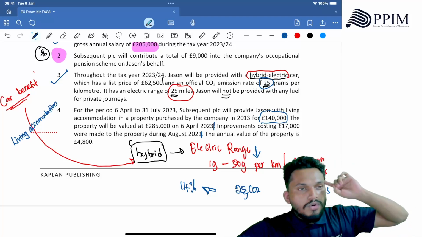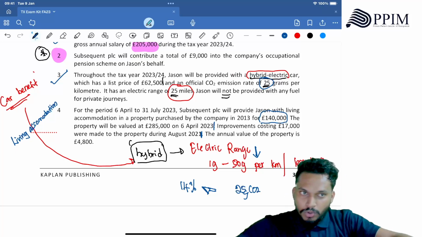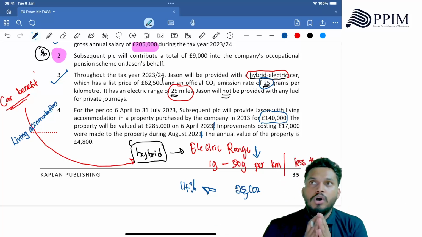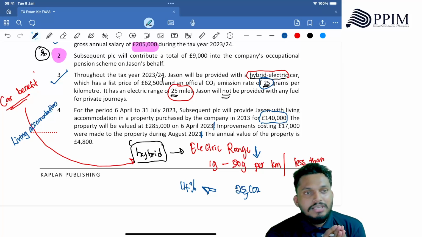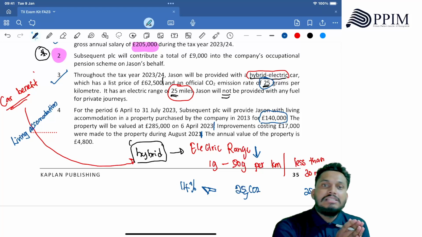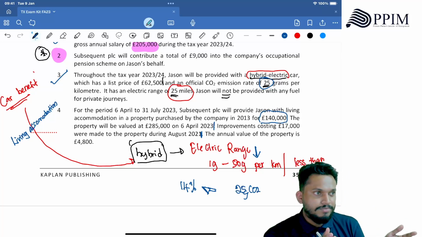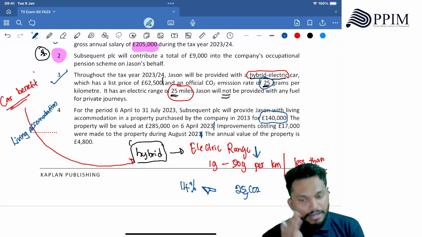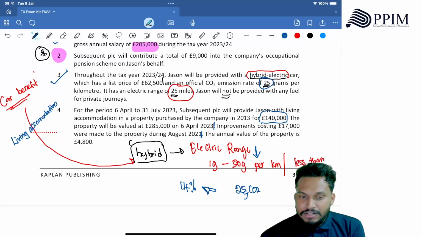Now, first you need to understand what the benefit you are receiving is. Your thought should go: what are the benefits an employee would receive under living accommodation? What is deductible and what is not deductible? You got it? Fine.